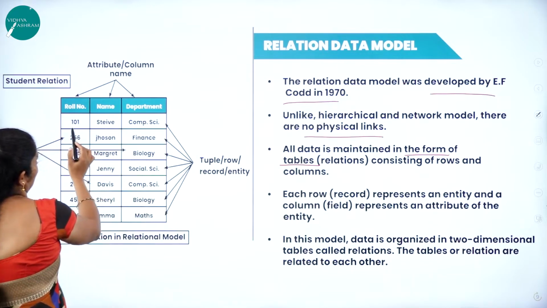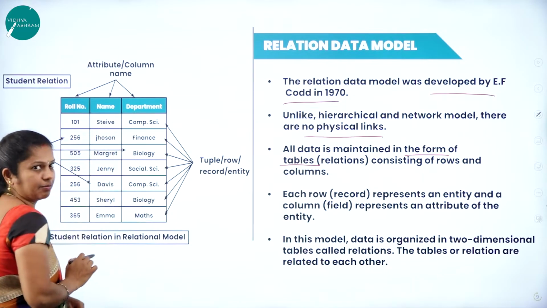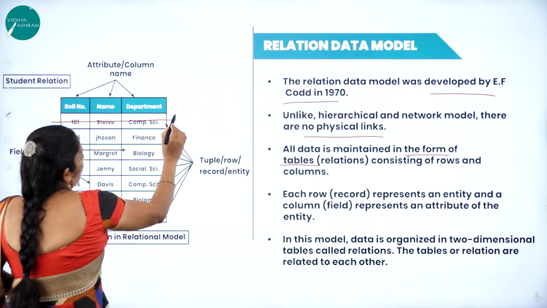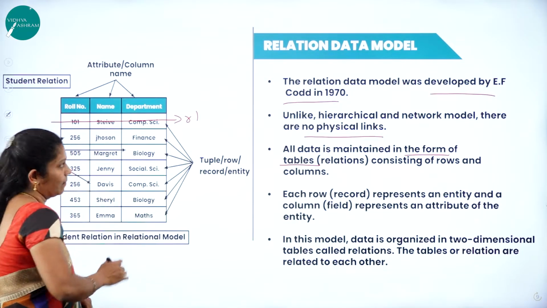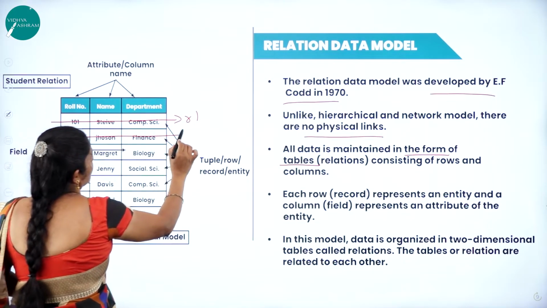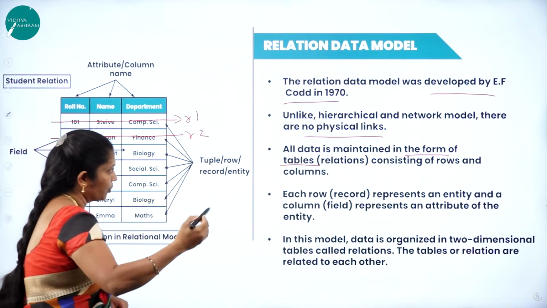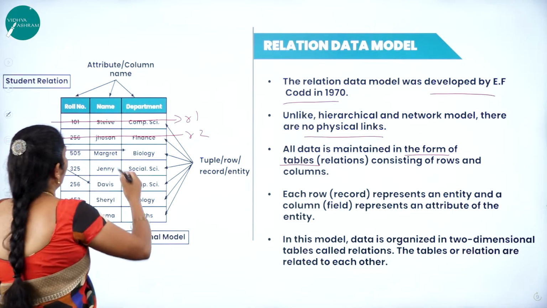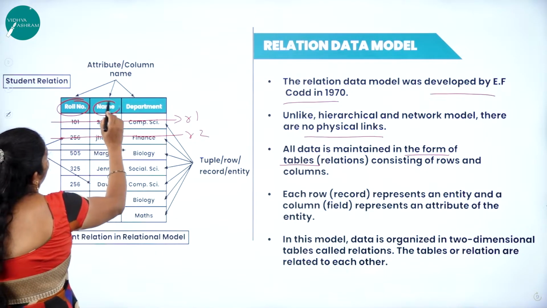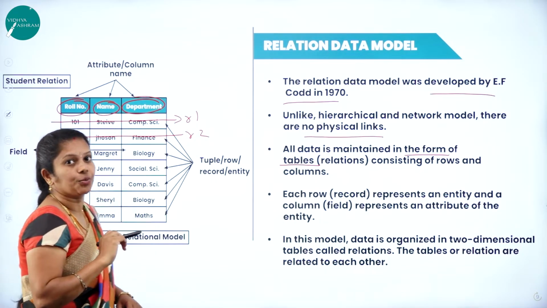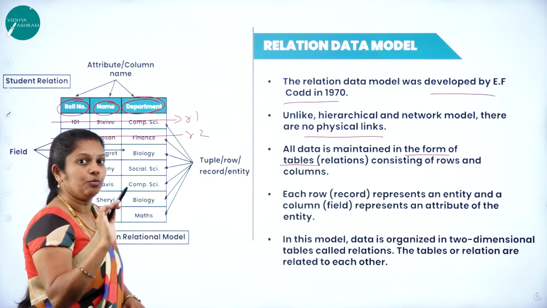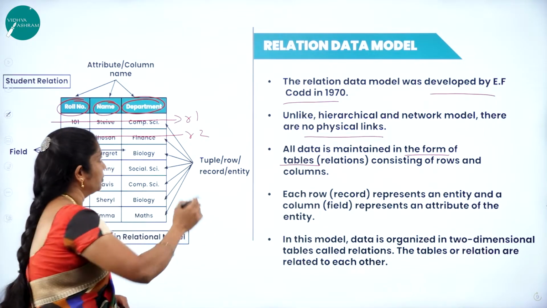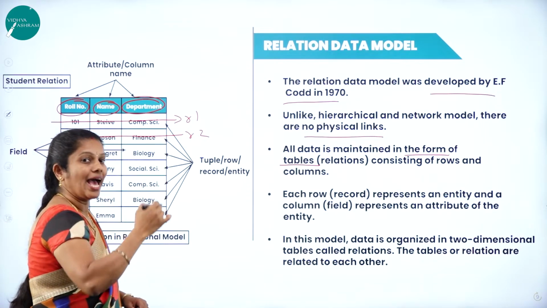Then see here in this example, we have roll number, name and department. This is the first row. Here we have rows. This is the second row, or I can say record, tuple, or I can say entity also. And the headings in the table can be called attributes.